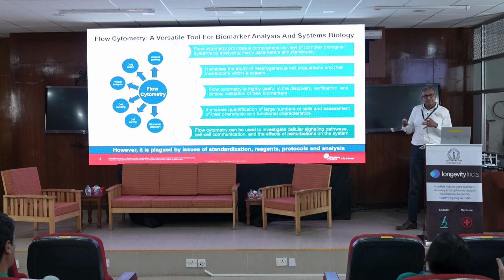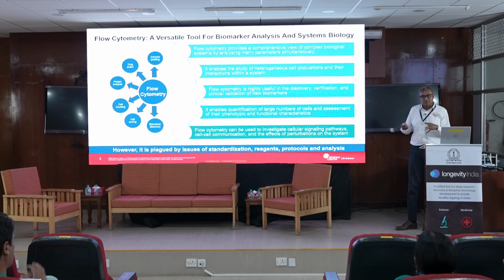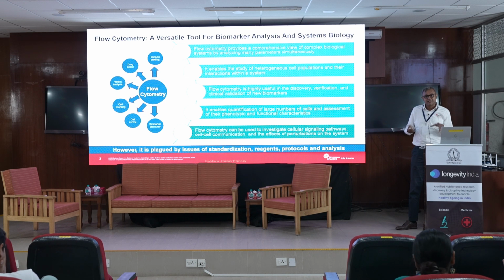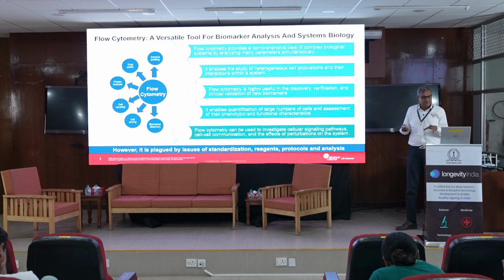Flow cytometry is predominantly used for the immune system, because the immune system is very well characterized with the antibodies on the surface of the different immune cells, and flow cytometry is a very powerful technique to identify these kinds of cells.